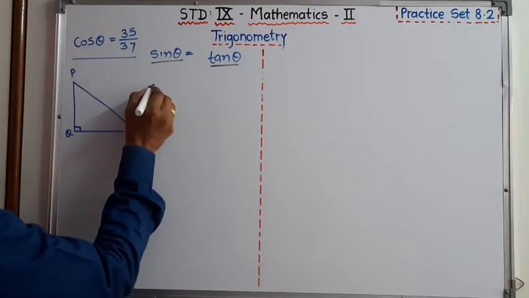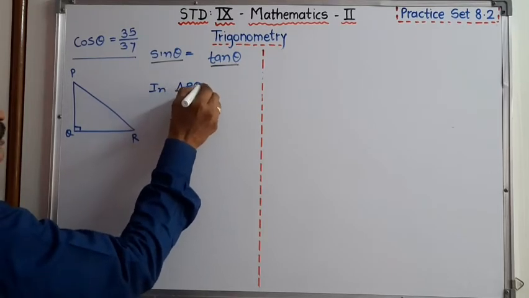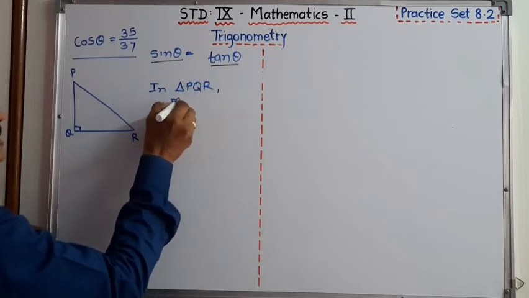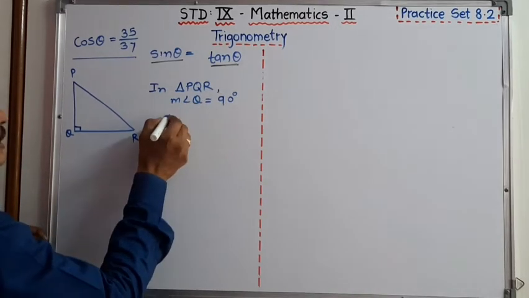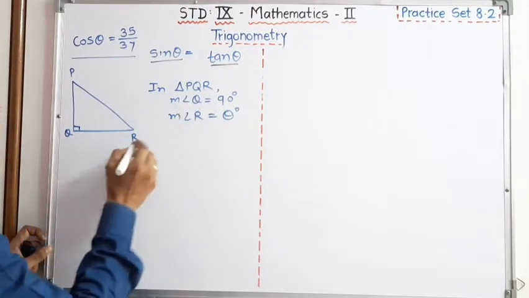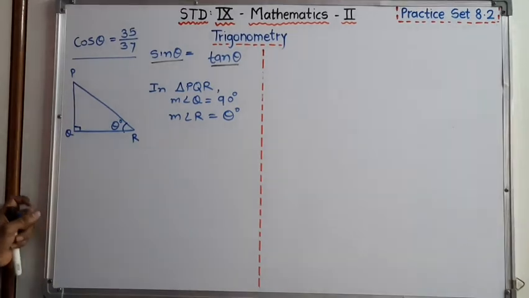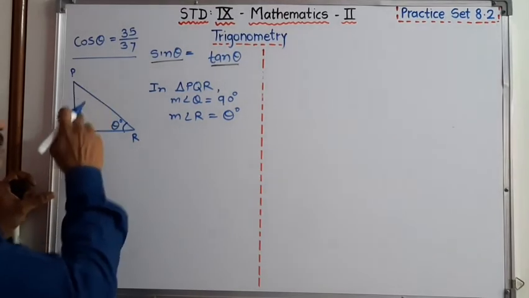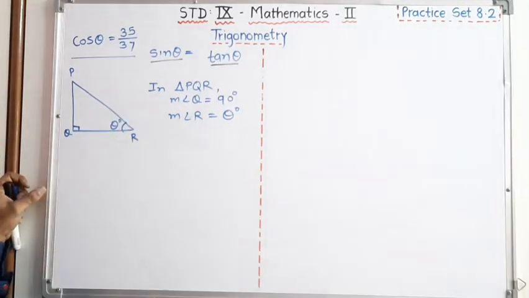Therefore, here we have to write in triangle PQR, measure angle Q is equal to 90 degree, measure angle R is equal to theta degree. I think everyone understood this.